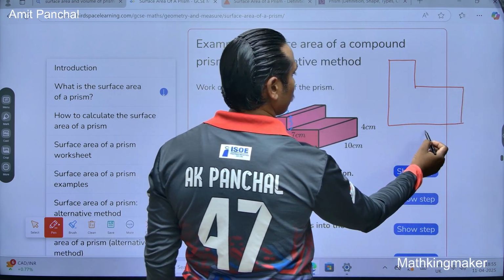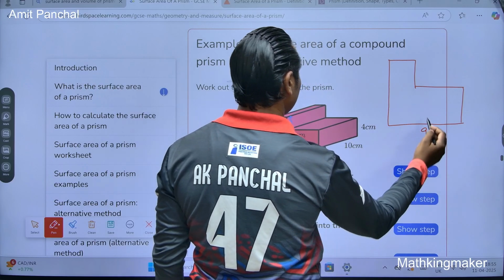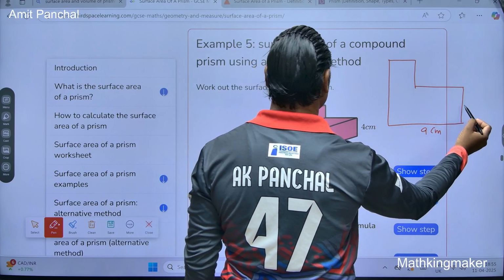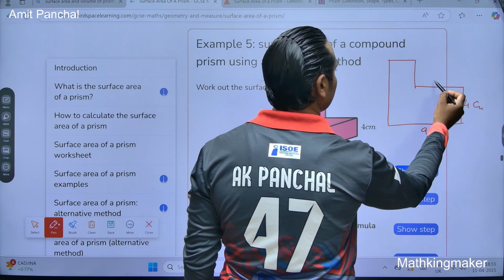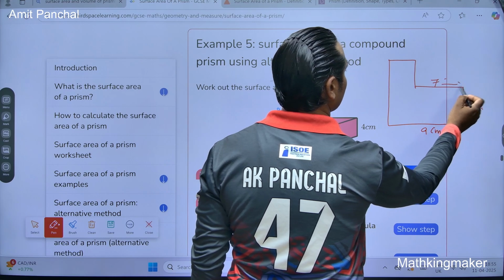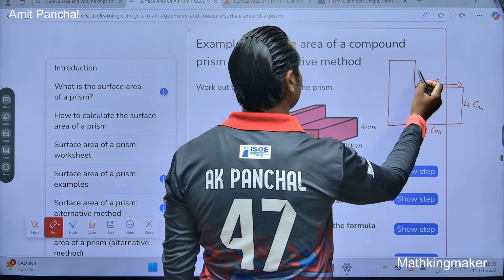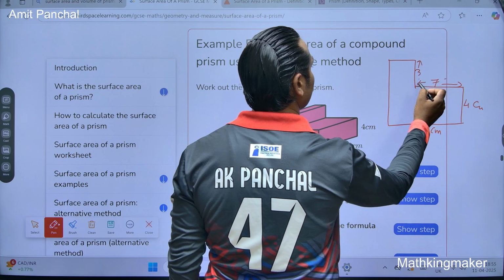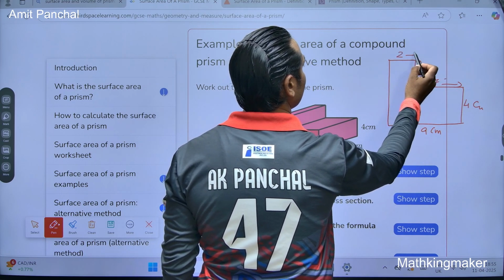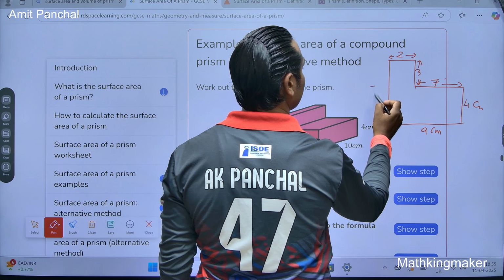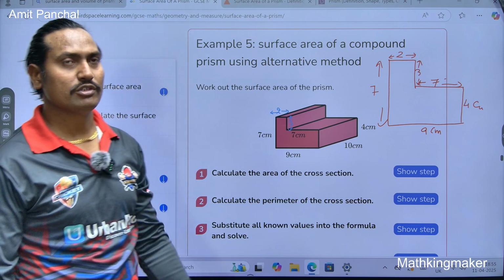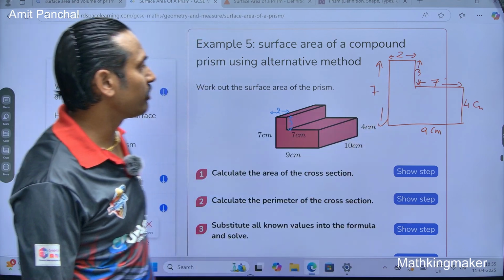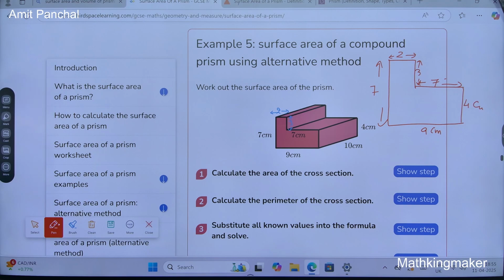So that is 9 centimeter, that is 4 centimeter, that is 7 centimeter, that is 3 centimeter, that is 2 centimeter, and that is 7 centimeter. Now this will be your cross section.